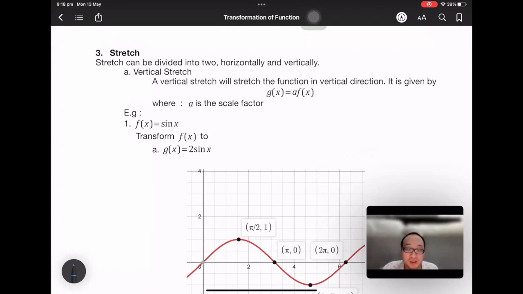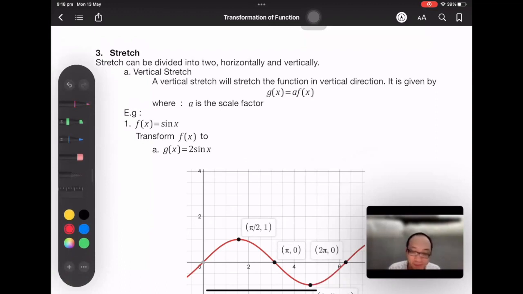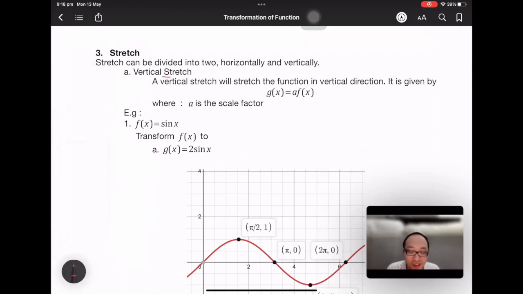But for the stretch, it's only being stretched in one direction, vertically or horizontally. So we can divide into two, horizontally and vertically. If we have a vertical stretch, we stretch the y coordinates, so we multiply the y by a. A is called the scale factor.